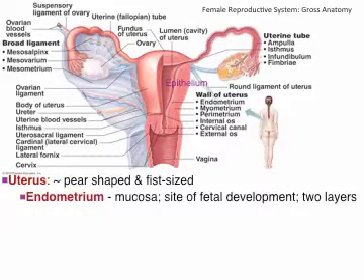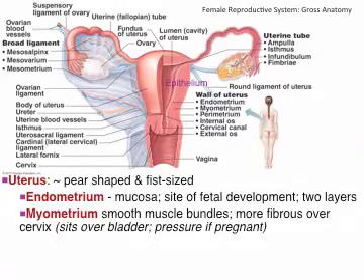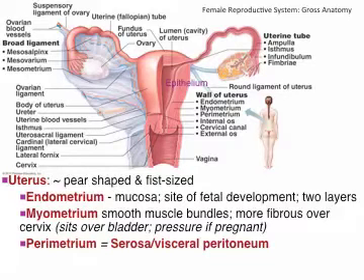So I told you earlier the uterus is a pear shape. It has an endometrium. That's where the fetus develops. There are 2 layers to that endometrium. We'll go over that in more detail in a later lecture. The myometrium is the smooth muscle cells, and the parametrium is the serosa, or the part of the visceral peritoneum.